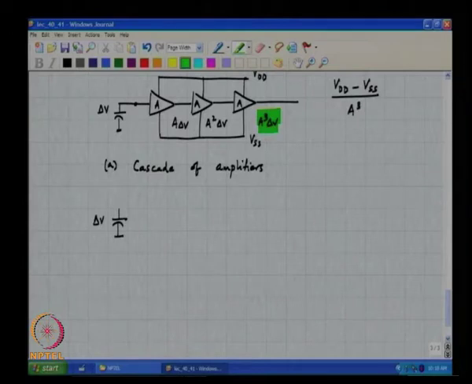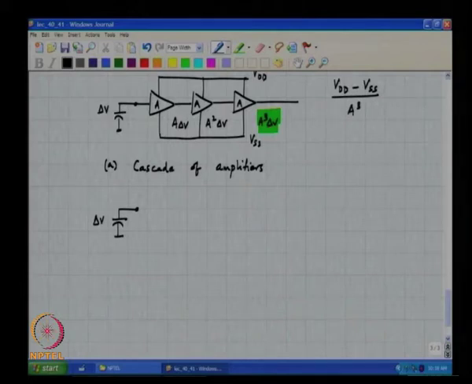Now, yet another way of trying to figure out whether this delta V is greater than 0 or less than 0 is the following: if this voltage is greater than 0, I will attempt to increase it. If this voltage is less than 0, I will attempt to decrease it.